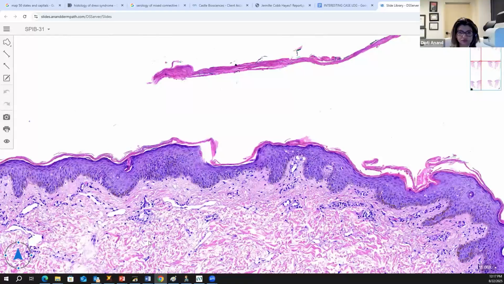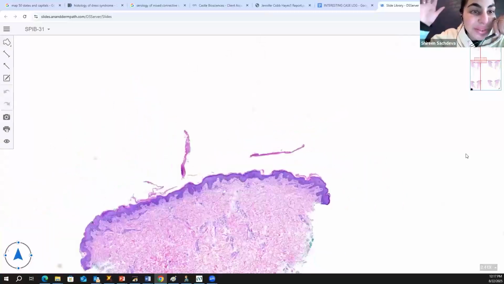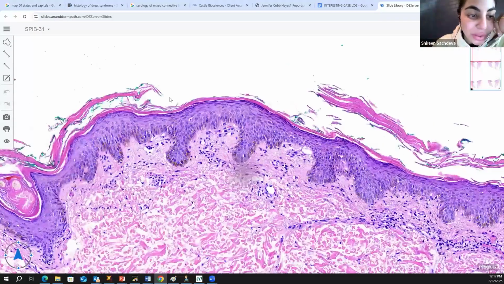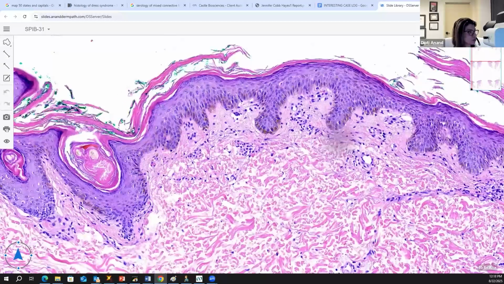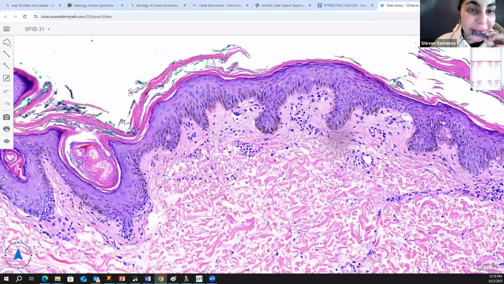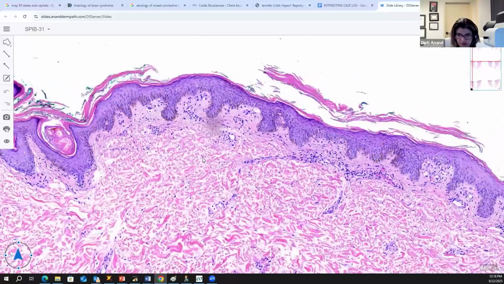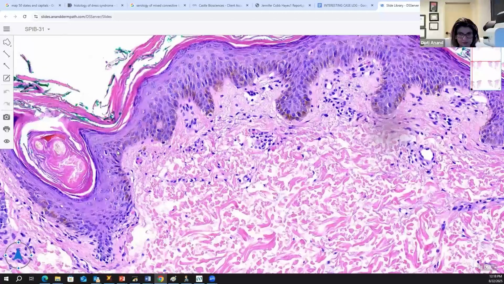Very, very subtle. And then you have these lifted mounds, like the lid of a tea kettle. So lifted mounds of parakeratosis. Lifted mounds, clean mounds. And then very, very subtle mild spongiosis. So I think PR.